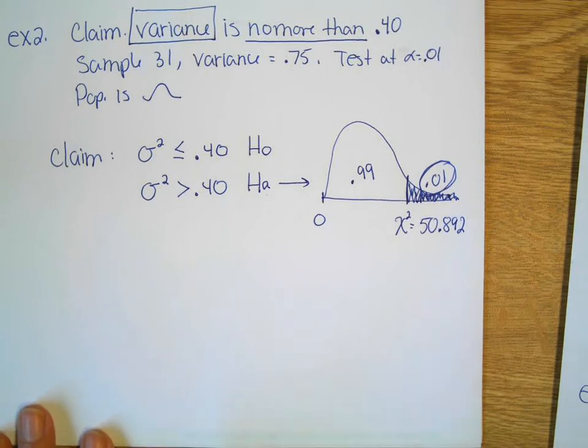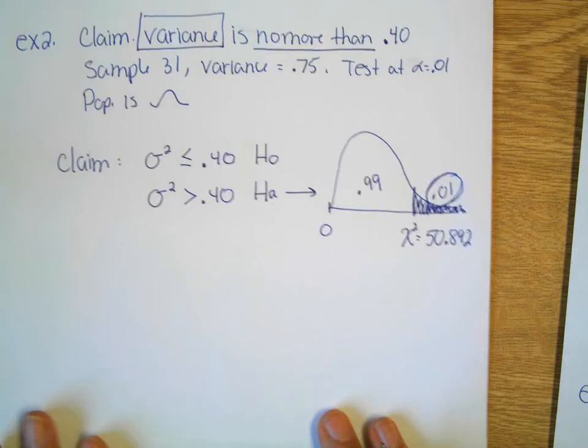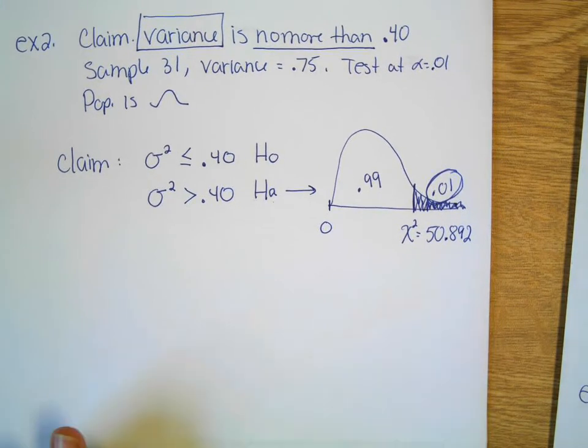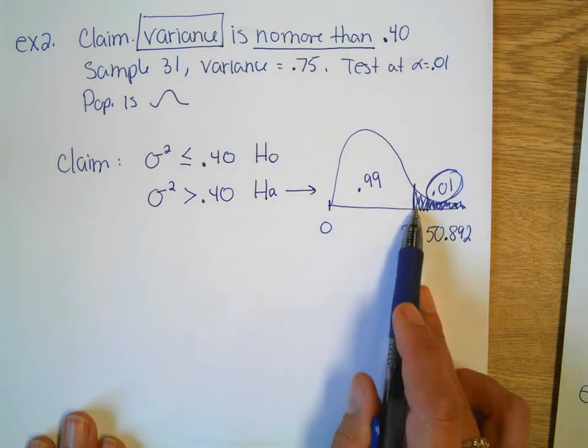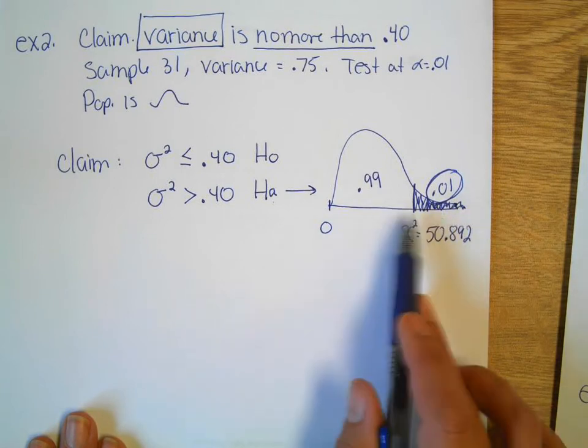Okay, now what's next? The formula. We need to take our sample and turn it into a chi-square. Are you looking at the table? Yes, that's the table. So we're trying to see if our sample falls between 0 and 50 or after this 50 point, to see where I'm at. Okay.